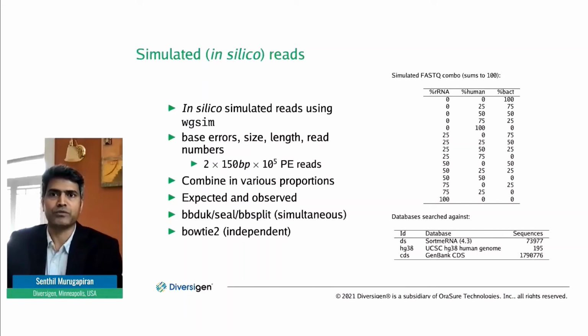Then I mapped them using the tools I mentioned before: BBDuk, SEAL, and BBSplit. In the case of BBTools, I used simultaneous database searches because they can handle multiple references. And in the case of Bowtie, I used sequential, independent removal of these reads.